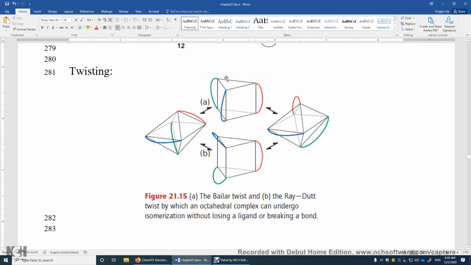All right, so right now this triangle and this triangle are in the eclipsed conformation. So after you rotate this just 60 degrees, this vertex will be here, this vertex will be here, and this vertex will be here. All right, and this is now a staggered conformation.